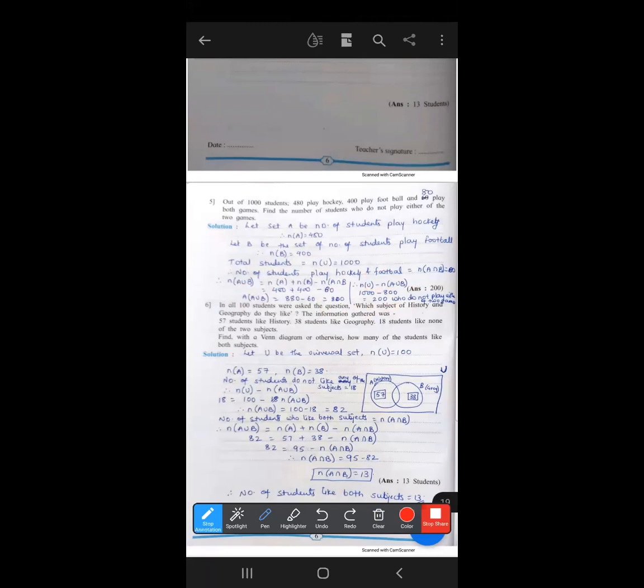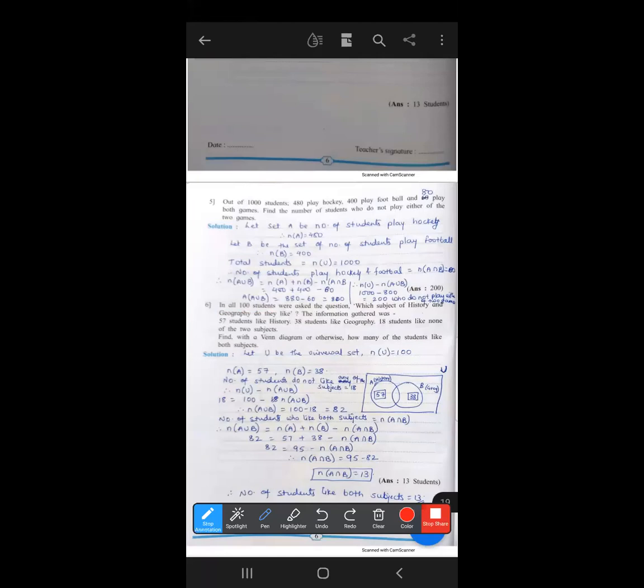In all, 100 students. Now here also, in all they have given. Okay. In all, that means it is a universal set. They were asked the question, which subject of history and geography do they like?